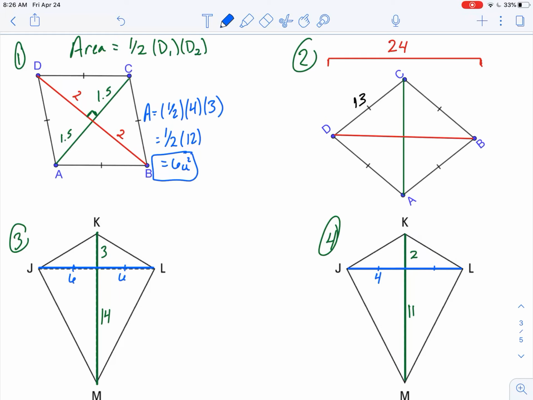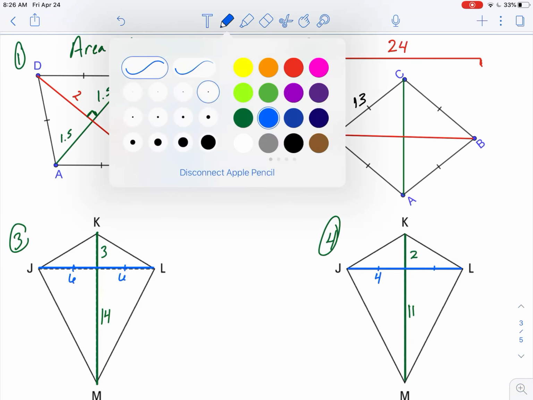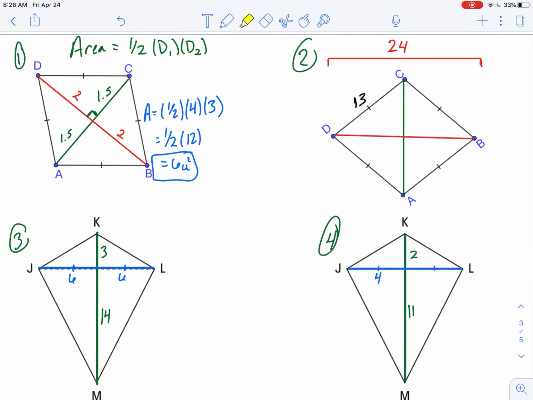So make sure that you're taking half of the whole diagonal there. Don't just look at which numbers on each side. So it would be 1/2 of 12. So this area would be 6 square units.